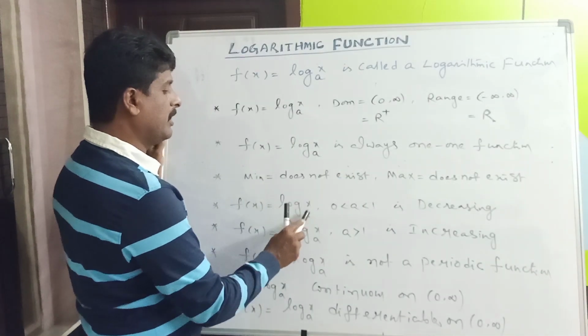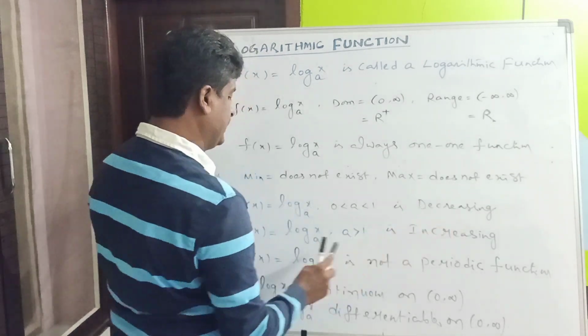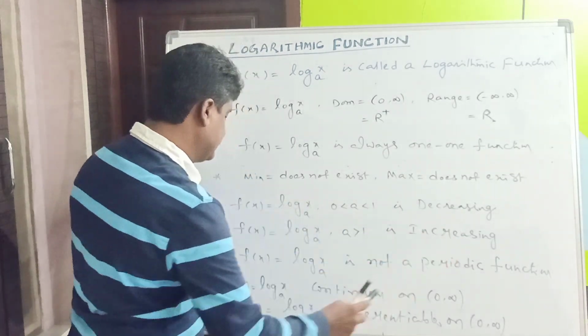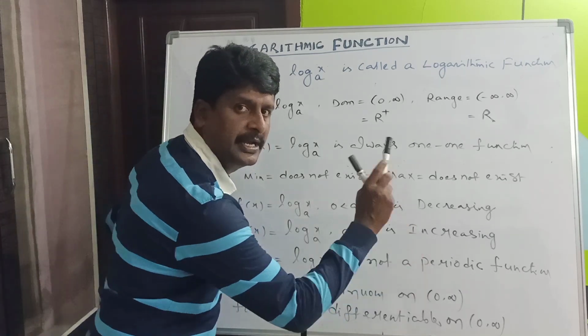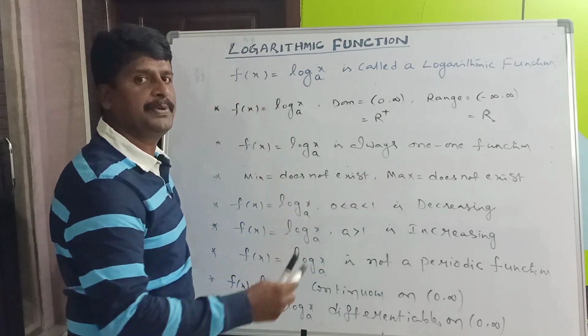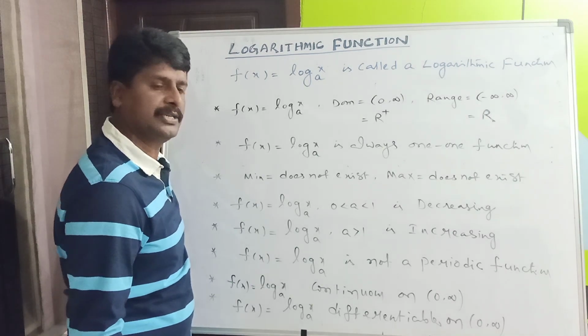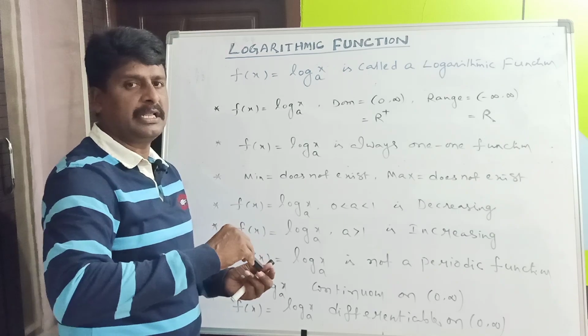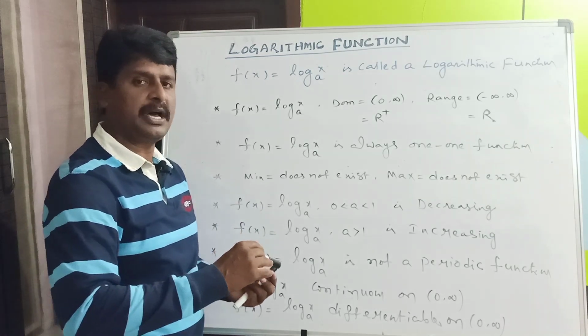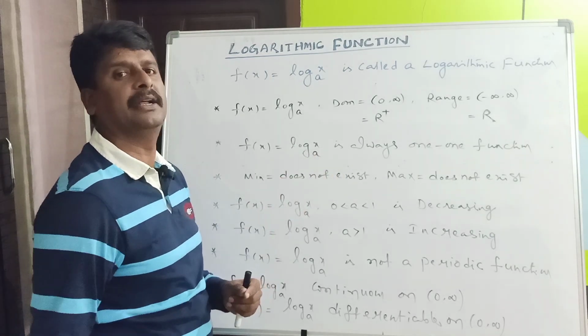f of x is equal to log x base a: for 0 less than a less than 1, decreasing. For a greater than 1, increasing. f of x is equal to log x base a is not a periodic function because its graph never repeats after a certain stage. Of course, we can also draw the graph of the logarithmic function without lifting the marker from the board on its domain.